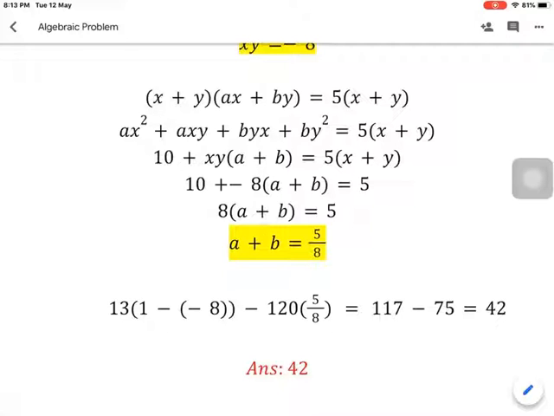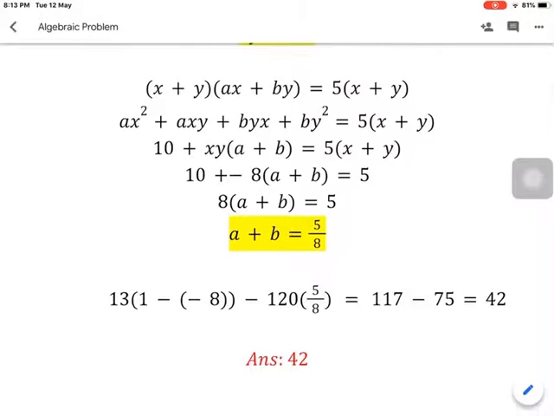So the two subjects subtracted together becomes 9. So 13 times 9 equals to 117. And minus 120 times 5 over 8, which is 75. And 117 minus 75 equals 42. The final answer is 42.